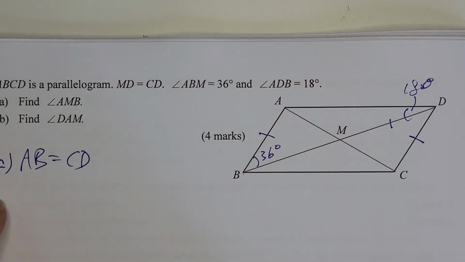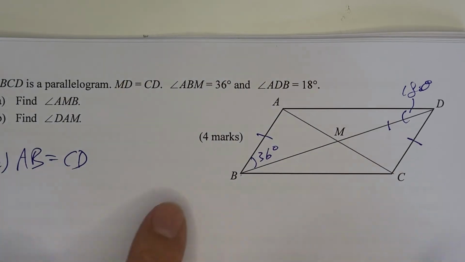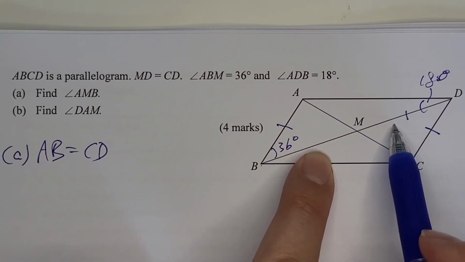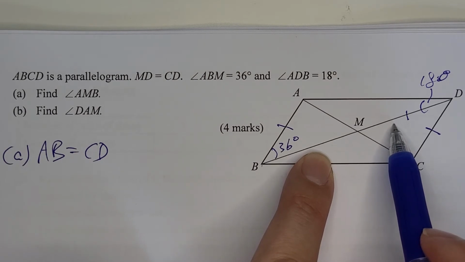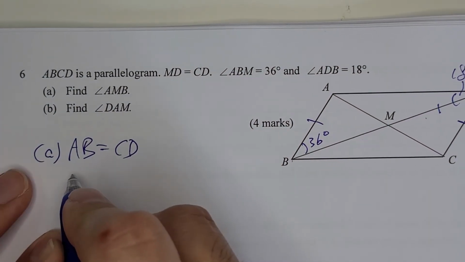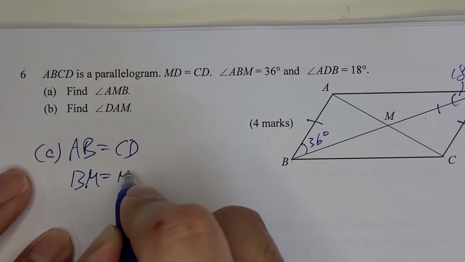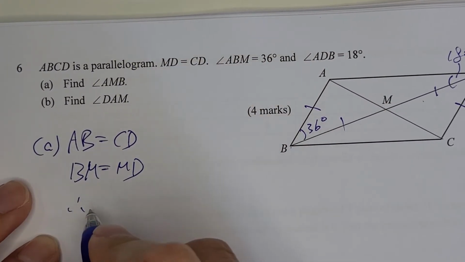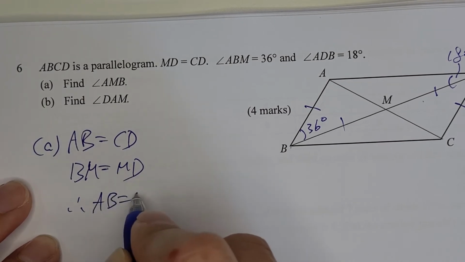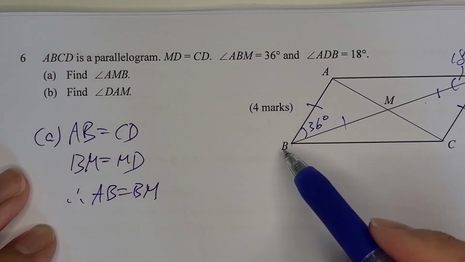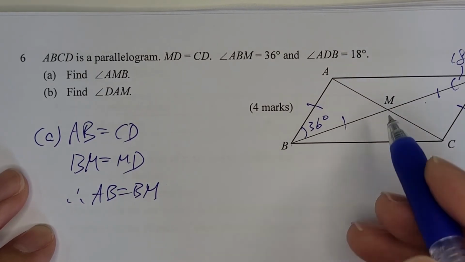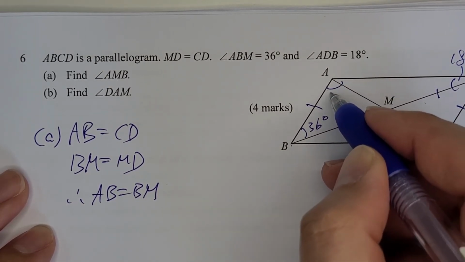The opposite sides are equal. And second, we know that BM will equal MD because in the parallelogram, the diagonals bisect each other. BM will equal MD. What does that mean? Therefore, AB equals BM, and it is a hidden isosceles triangle. So you want to find this angle.